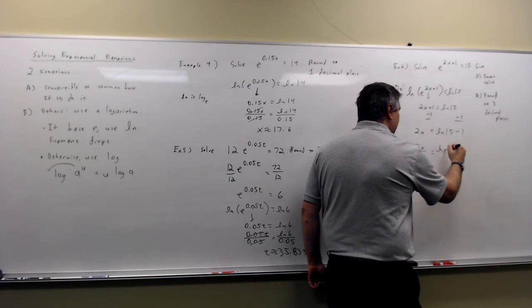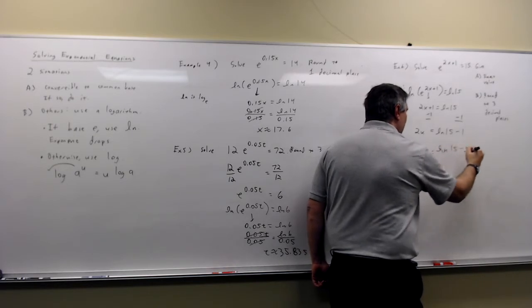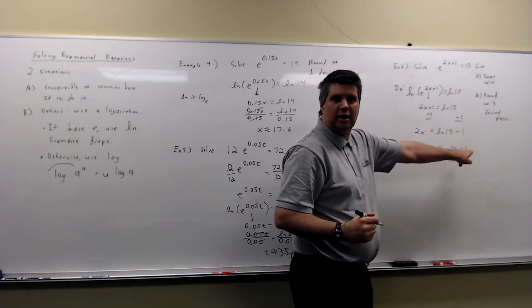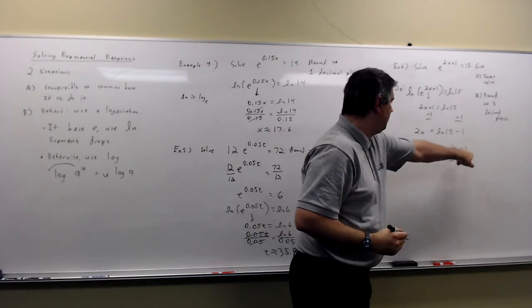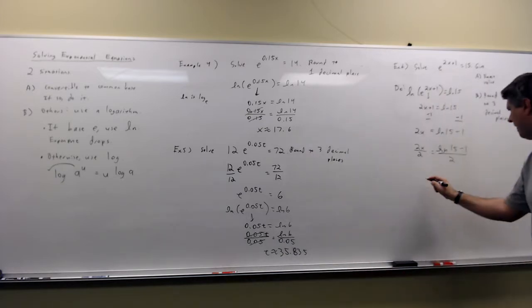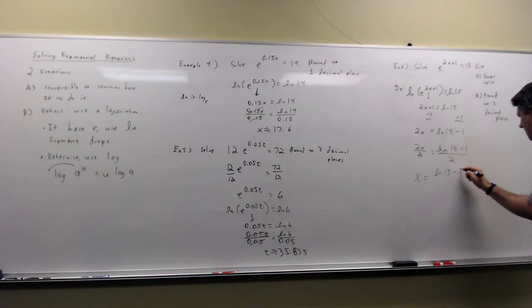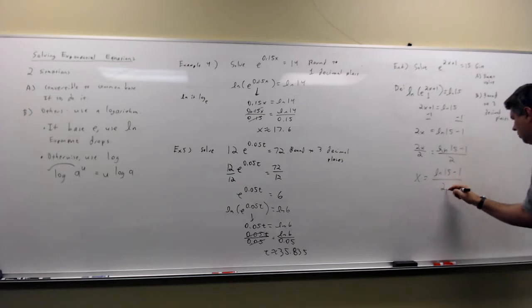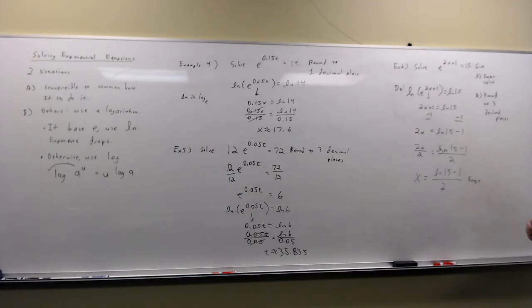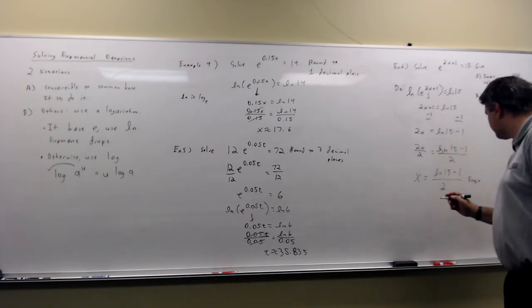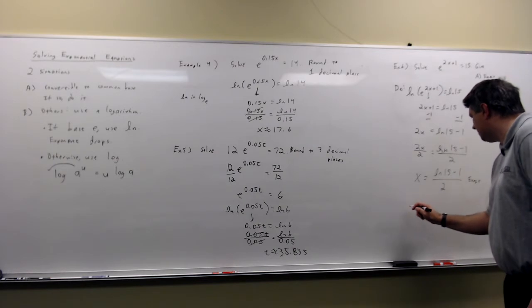Natural log of 15 minus 1 over 2. Don't combine those because they're unlike terms. So, x equals the natural log of 15 minus 1 over 2. This is an exact solution, also called irrational form. Okay?